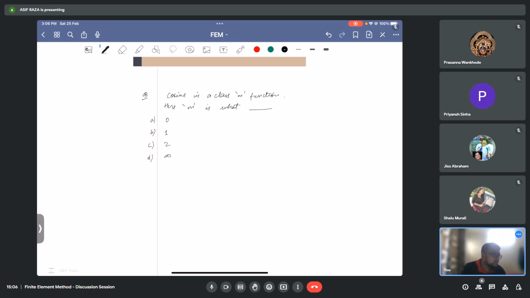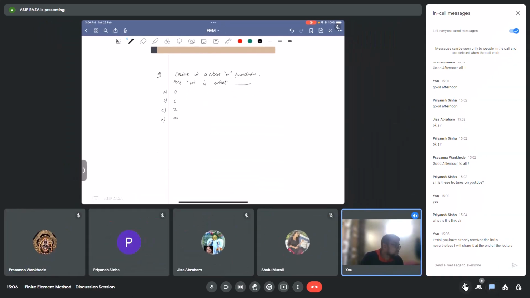You guys can write your answers using the chat box. What do you guys think? What is the answer? I repeat the question: cosine function is a class M function, or if you don't understand, cos x is a C^m function.